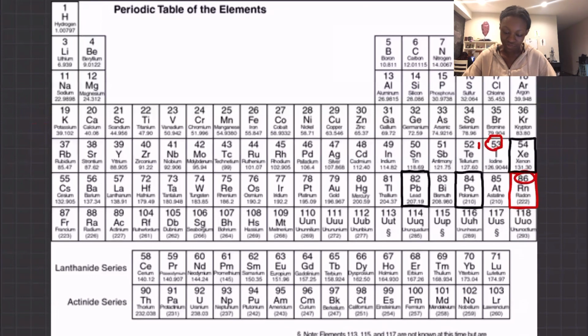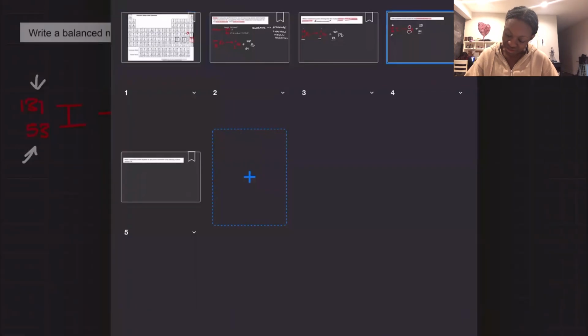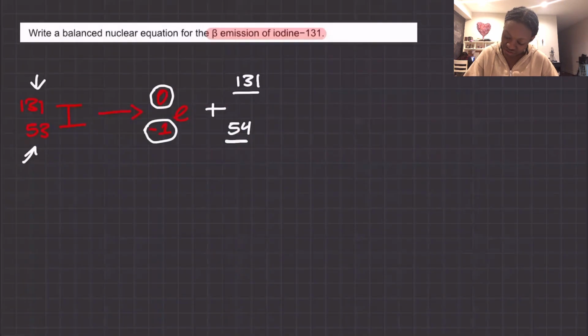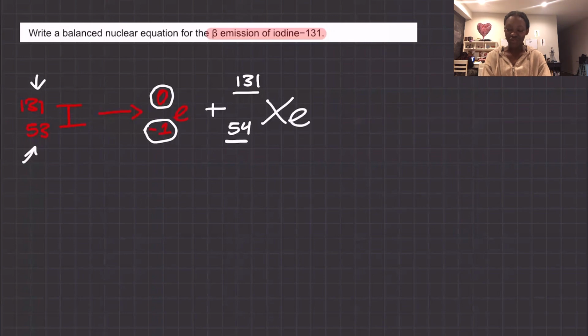It is xenon. So we go back to our question, and I put the element symbol for xenon, which is Xe. So iodine-131 emits a beta particle and also results in the product xenon-131. Okay.